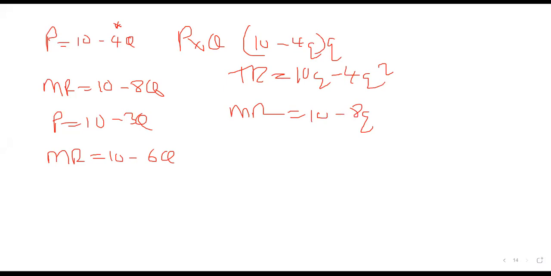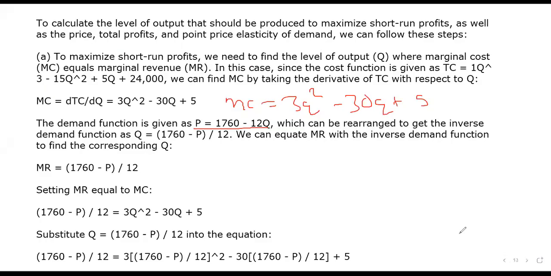Don't boggle your mind. In this case, we're given our price function, so marginal revenue is simply 1760 minus 24Q. You get these two, the marginal revenue and the marginal cost.